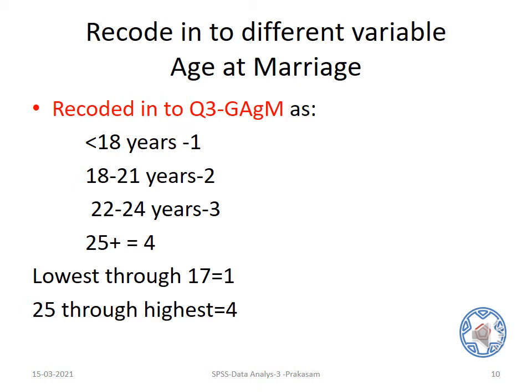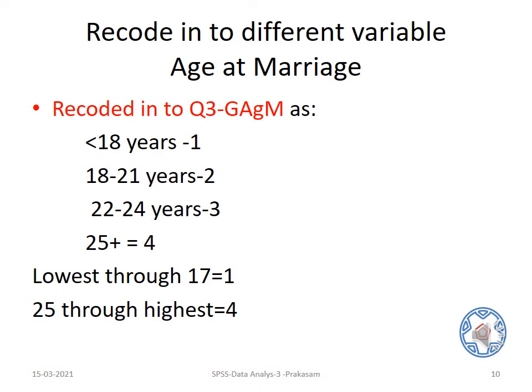But now in SPSS, transform into a different variable, and give the name of the new variable as Q3 AGM. Then, in old and new values, you will find the lowest through 17 equals 1, which gives the concept of less than 18 years.